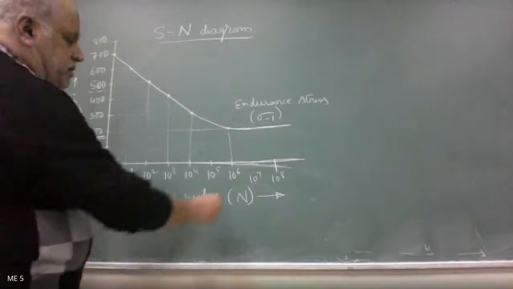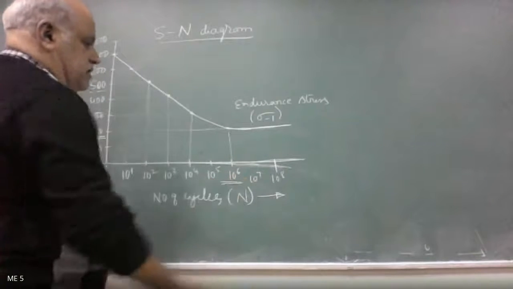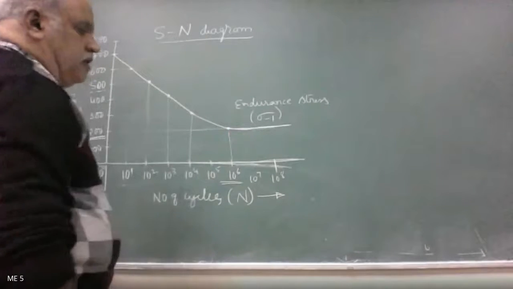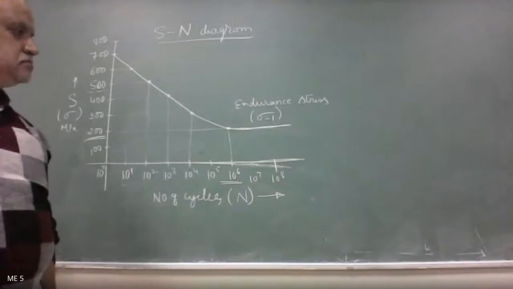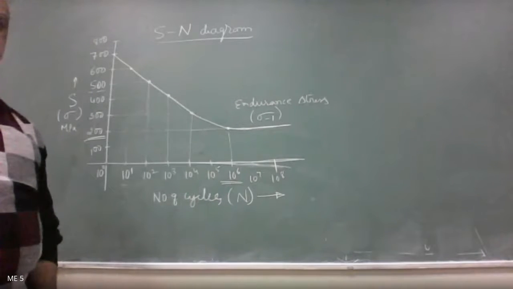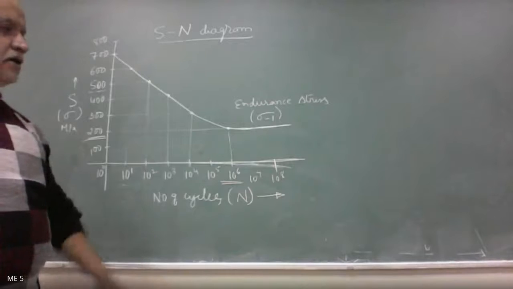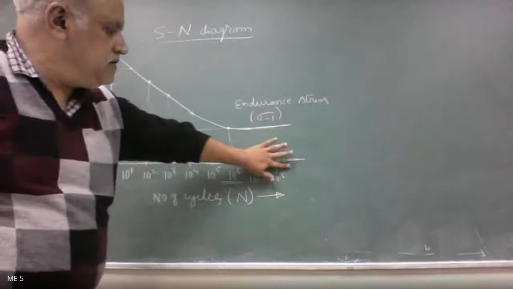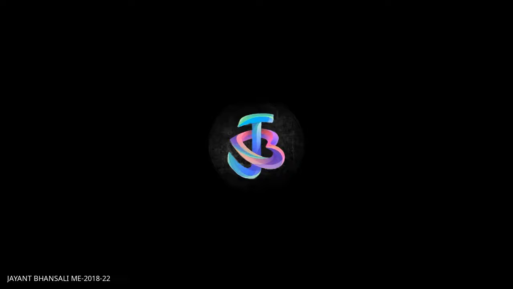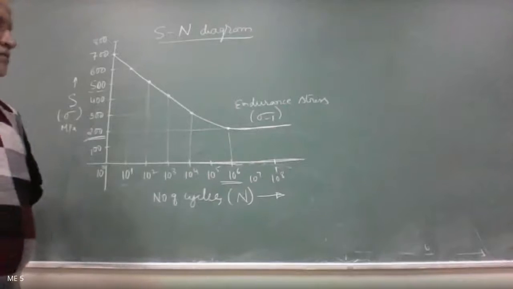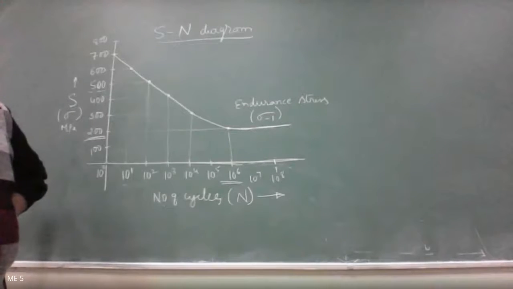This is very, very important. 10 power 6 number of cycles. Whatever is written, is it clear for you people on the screens? Yes, sir. Please complete the sketch and let me know.